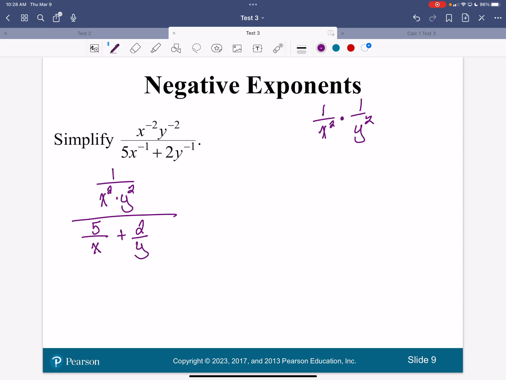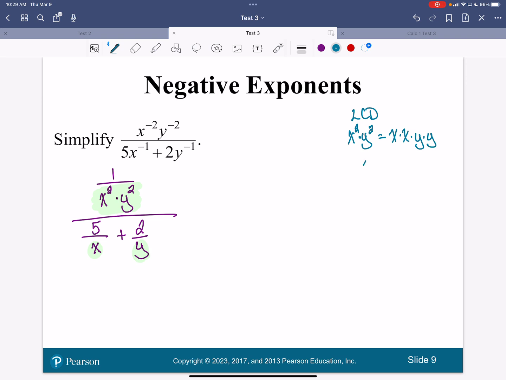Okay. Now I'm going to identify my exponents, or my denominators. So this is one denominator together. Then I have x, and then I have y. Okay? So let's look at this from my LCD perspective. So I have x squared times y squared. That means x times x times y times y.